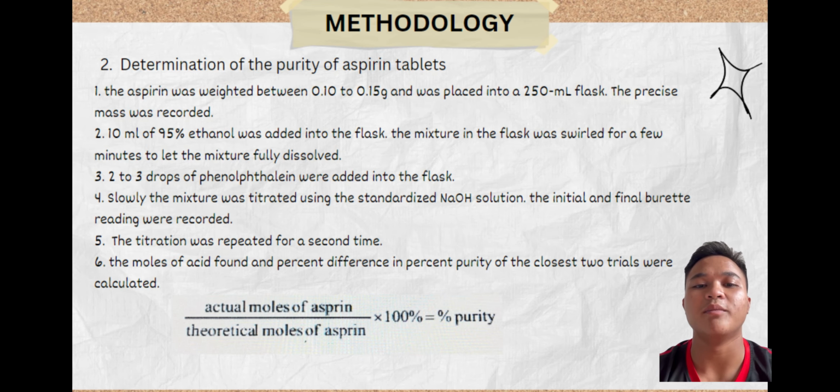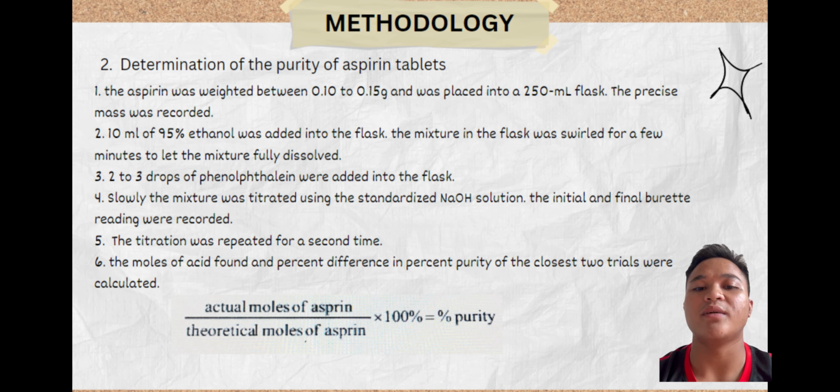The next part is determination of the purity of aspirin tablets. The first step is the aspirin was weighed between 0.10 to 0.5 gram and placed into a 250 ml flask to the precise mass and was recorded. 10 ml of 95% ethanol was added into the flask and the mixture was swirled for a few minutes to let it fully dissolve. 2 to 3 drops of phenolphthalein were added into the flask and the mixture was slowly titrated using the standardized sodium hydroxide solution.